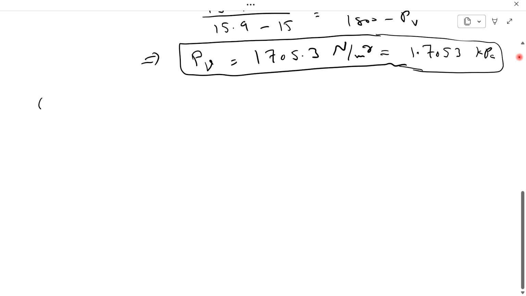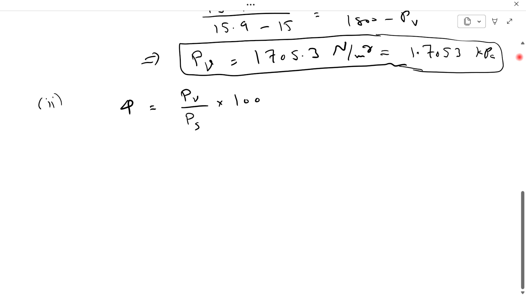Now in part 2, relative humidity is required. Relative humidity is denoted by phi, and relative humidity is equal to the partial pressure of water vapor divided by the saturation pressure, multiplied by 100.